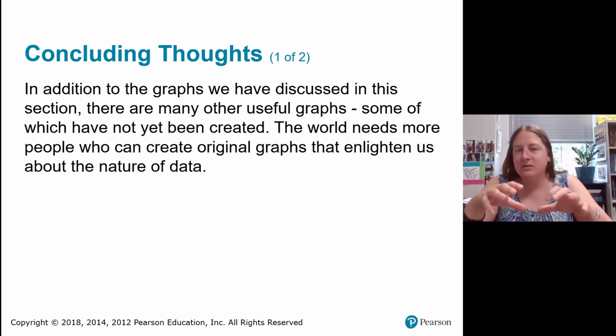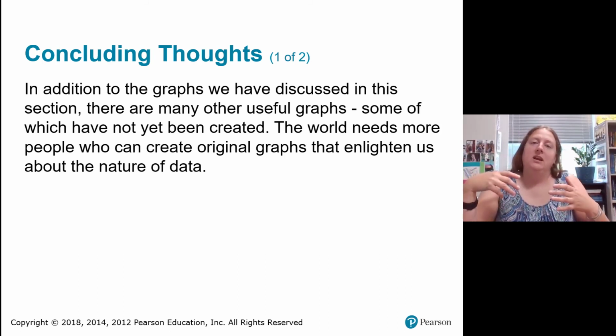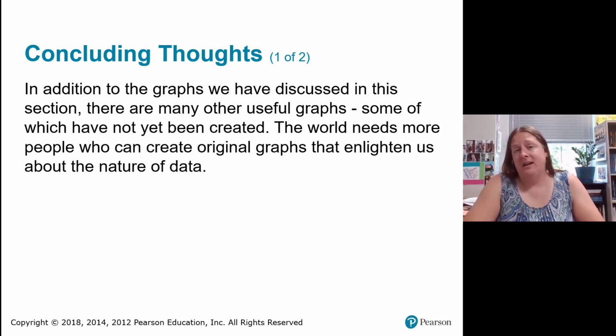The world needs ways for people to look at data and make sense of it, and the graphs that we have are not all of the options that will ever be out there. People keep coming up with new ones. You might be the next person to come up with a new one. So just know that there are lots of useful graphs, and there are more useful graphs that will be invented in the future.